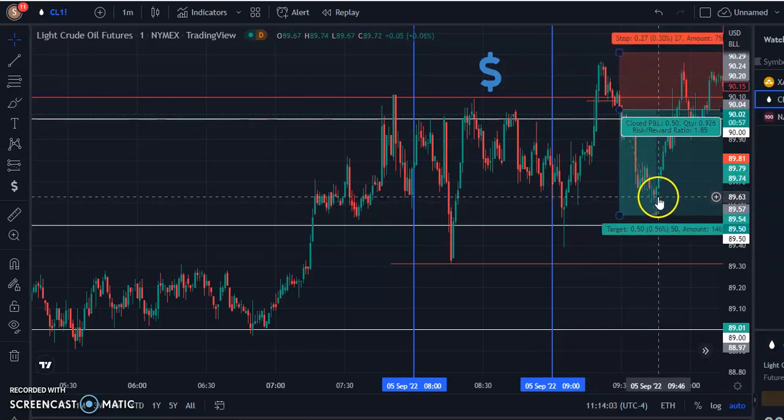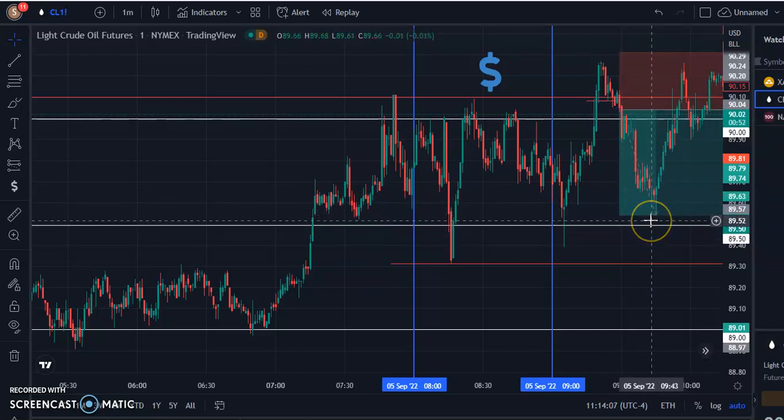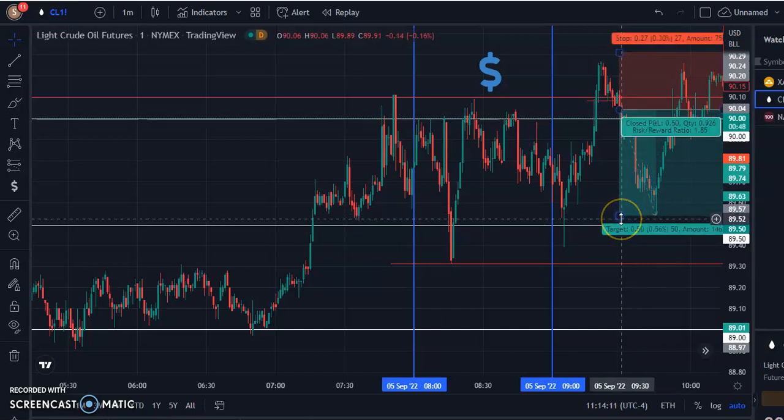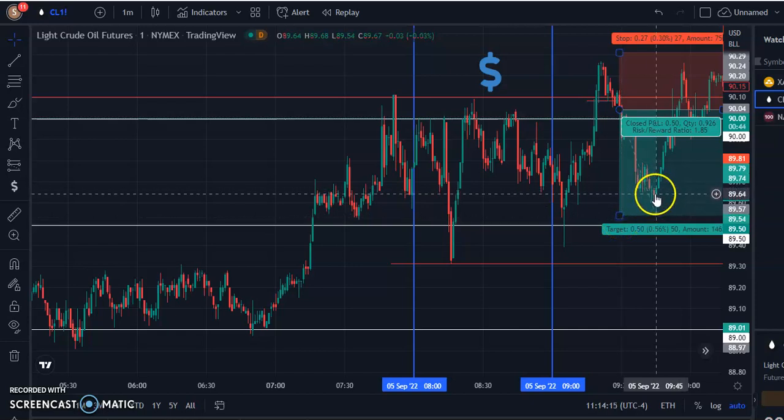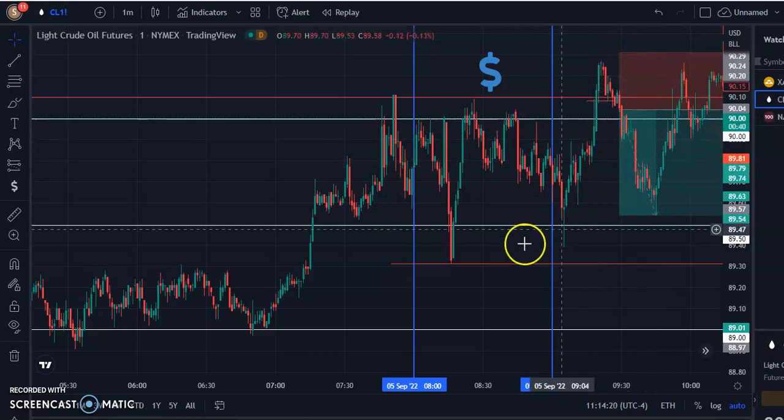I would have been out after this pin if the spreads had not triggered me out of my profit target. Could have been out of here. But this was the trade that I took.